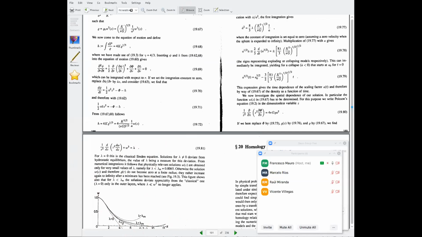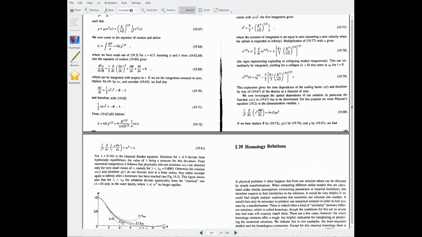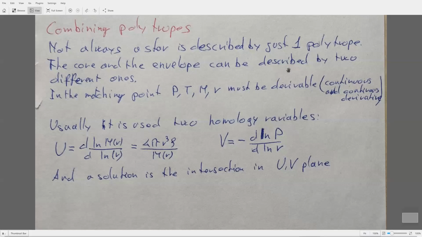But it doesn't make sense to show more. If you want to see a little more detail, in Kippenhahn there is also a full chapter about homology relations. But this course is not about modeling stars.